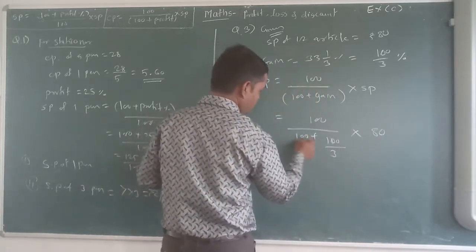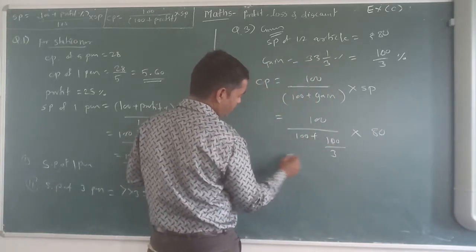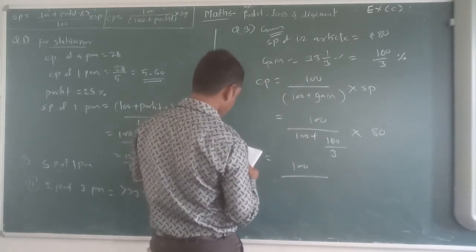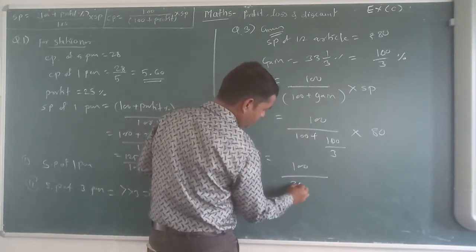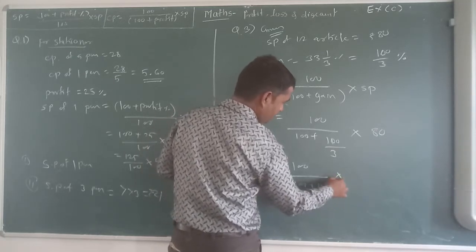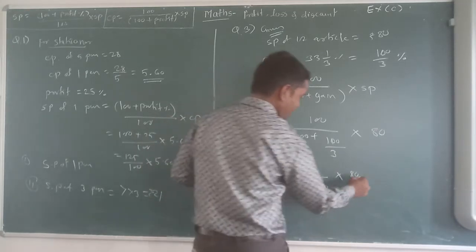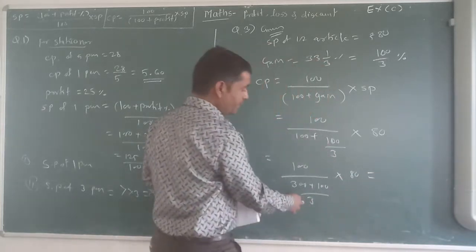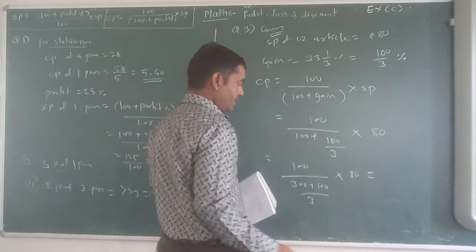So here we have to take the cross multiplier, equal to 100 upon 300 plus 100 upon 3 multiplied by 80. The denominator of the denominator is the numerator.